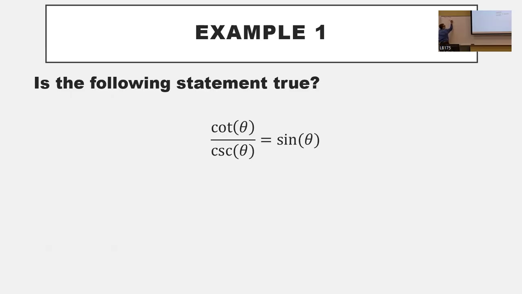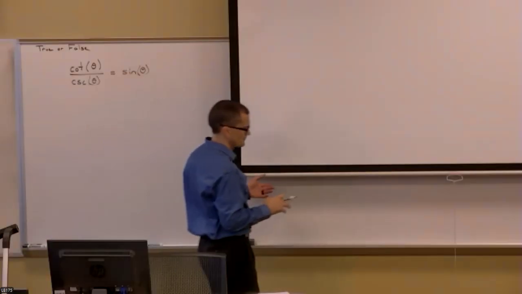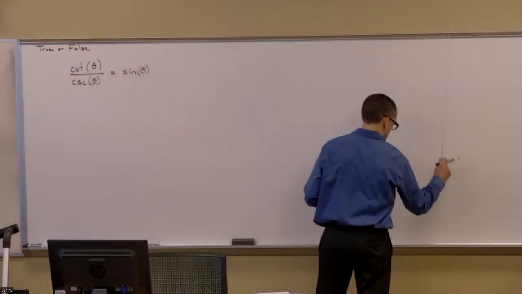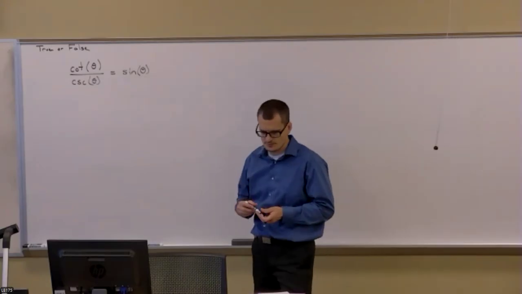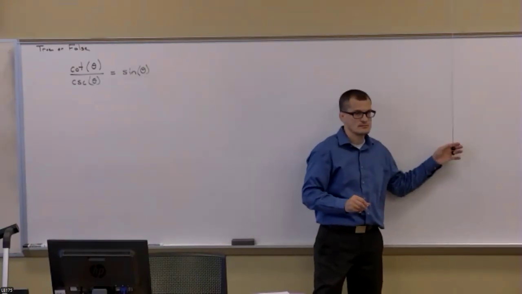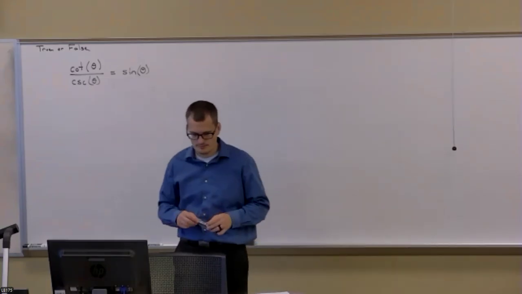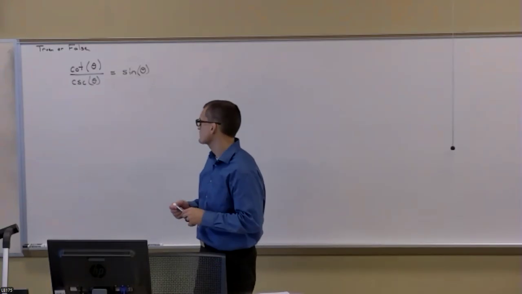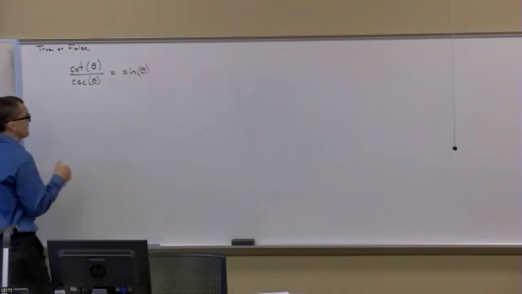Cotangent of theta divided by cosecant of theta is equal to sine of theta. All right.